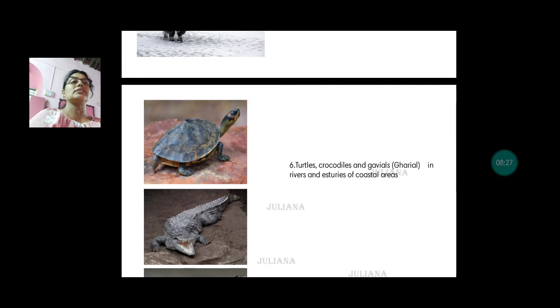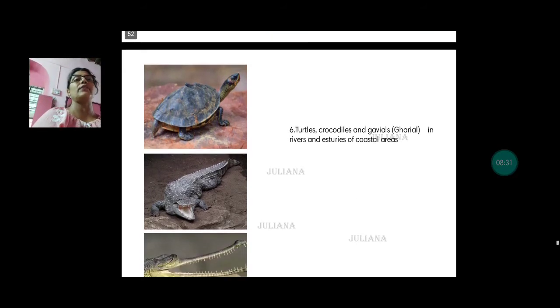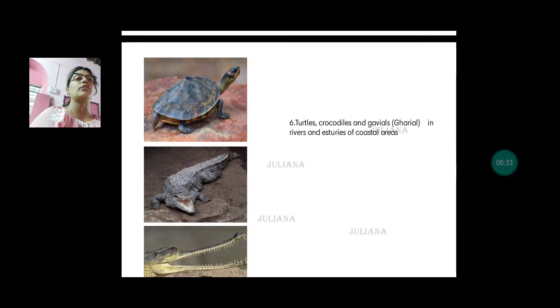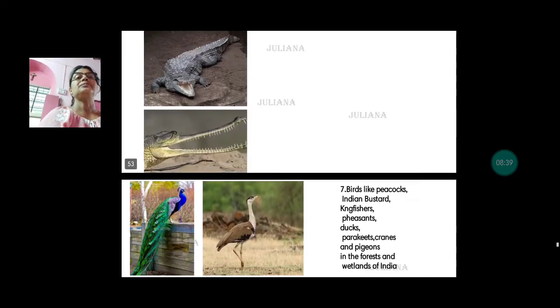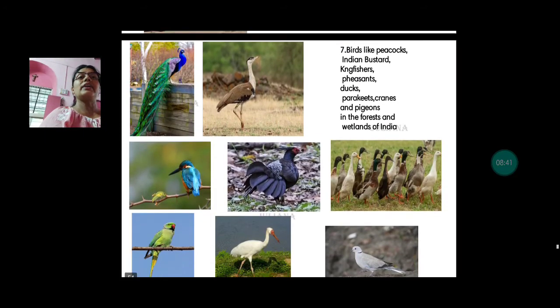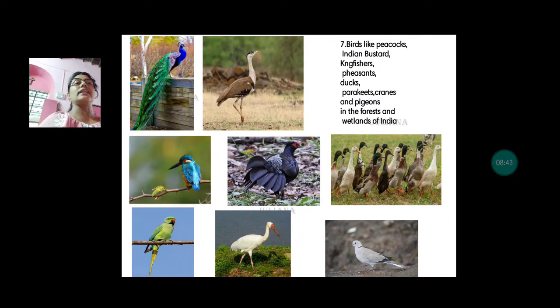What about turtles, crocodiles, gharials? These are normally found in the marshy areas of the eastern coast of India, in the estuaries. Then India is also blessed with a variety of birds, like those shown in the picture here. We have the peacock, the Indian bustard, and the kingfisher, also called blue jay.